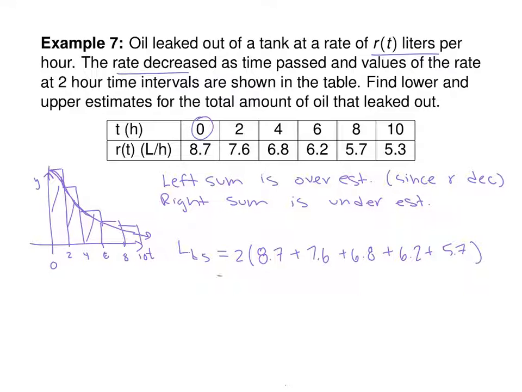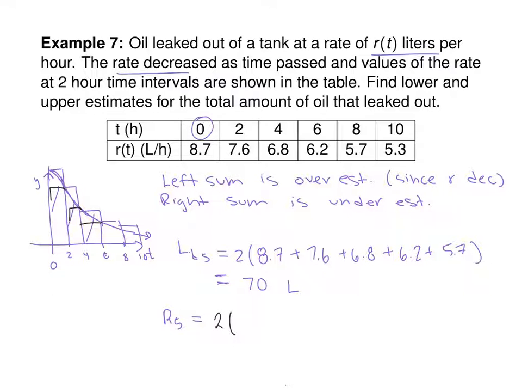Okay, and this ends up giving you 70. What are its units? Liters. And that's your overestimate. What's going to change for the right sum? What are you not going to use this time? The first one. And you will use the last one.